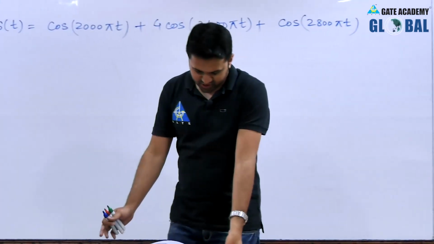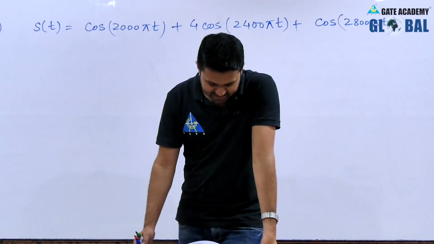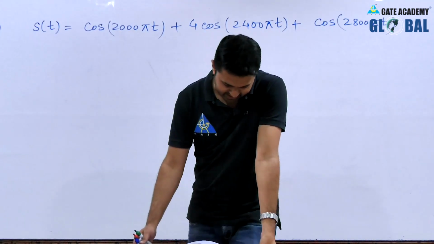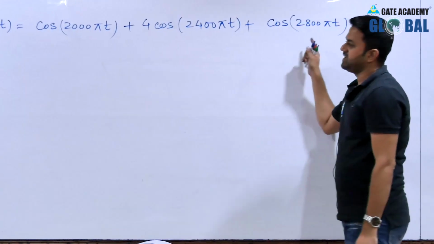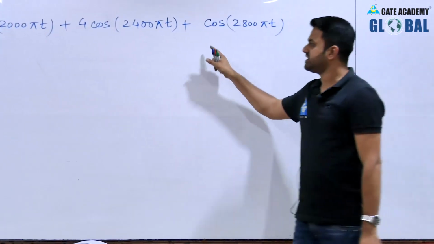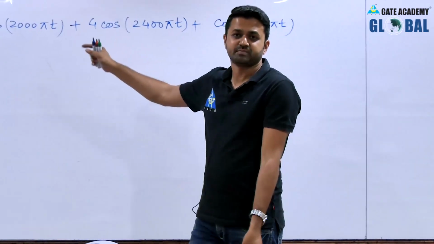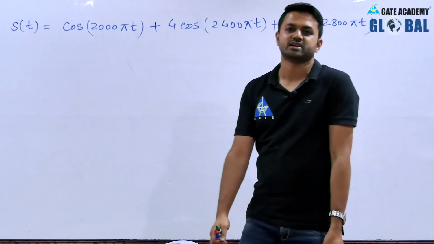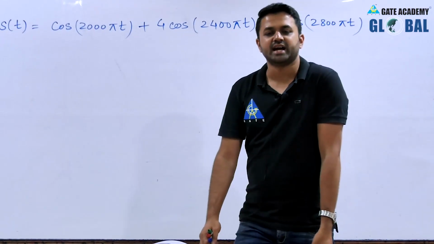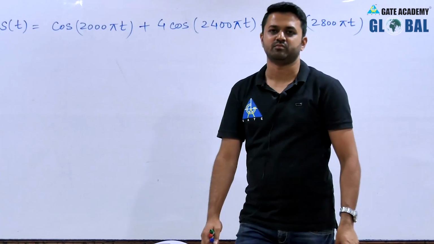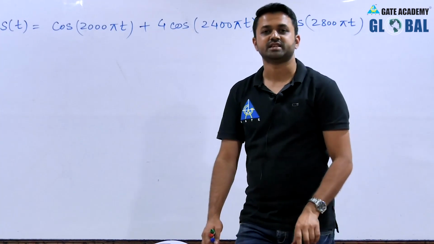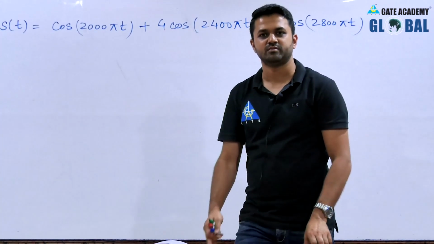Now, the ratio of the power of the message signal to the power of carrier signal. As we know, if all the terms in this AM signal are in cosine form, it means that it is the AM signal for a single tone sinusoidal modulating signal.